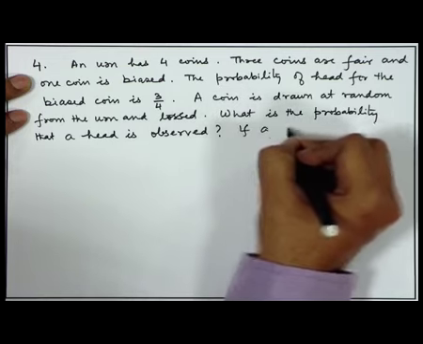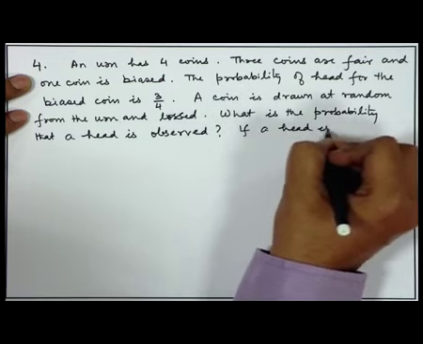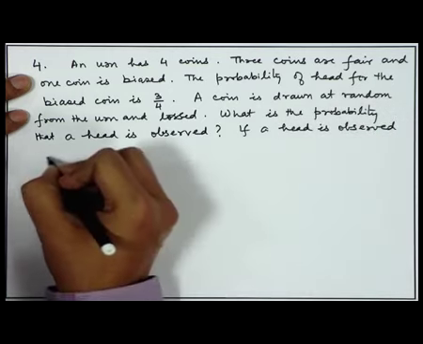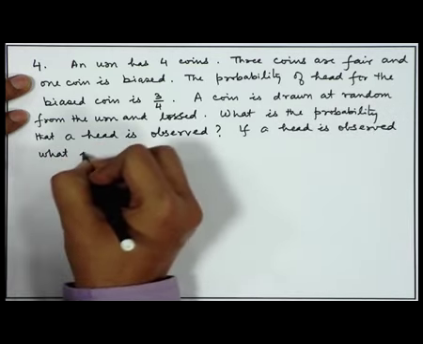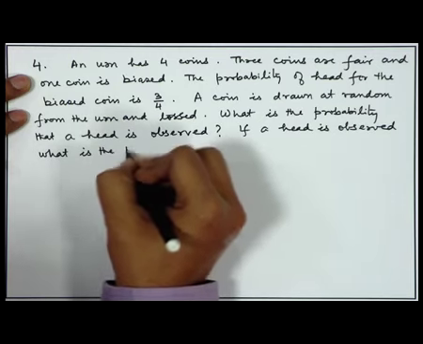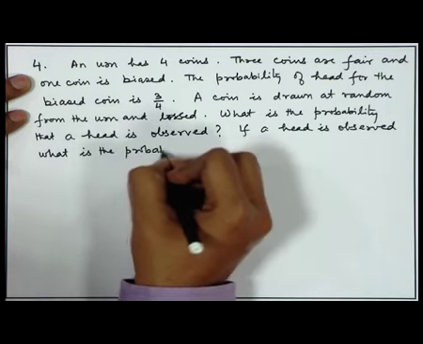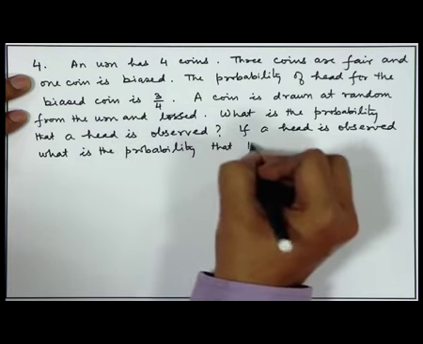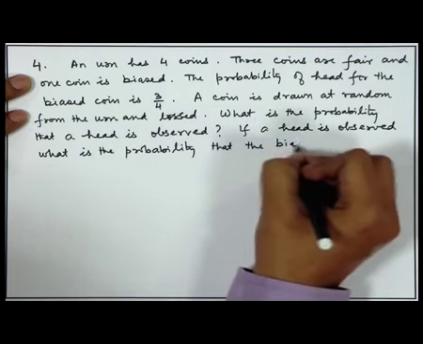If a head is observed, what is the probability that the biased coin was drawn?